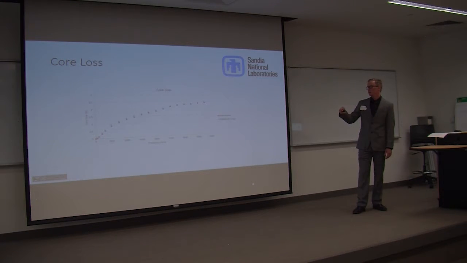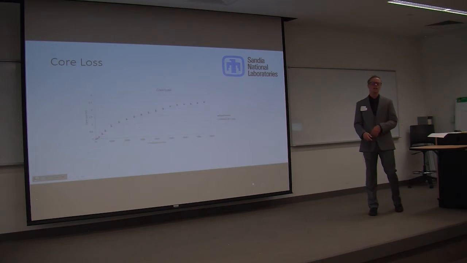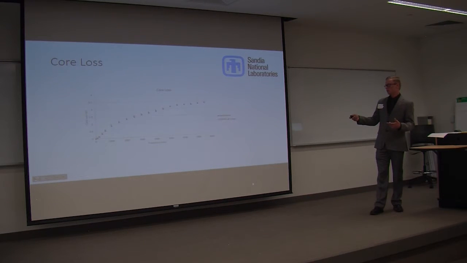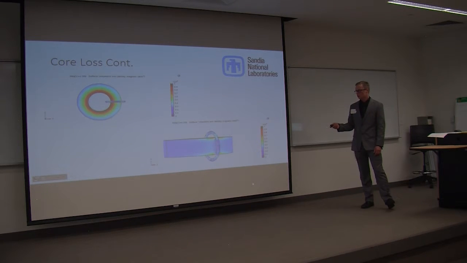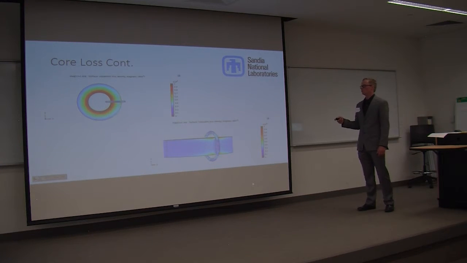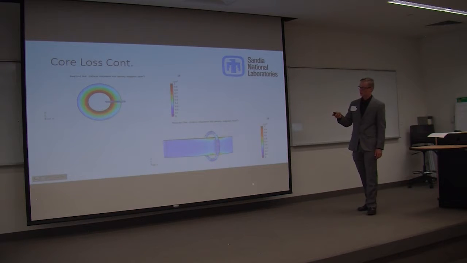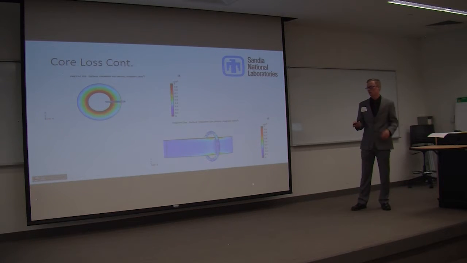And it makes sense that as we increase frequency, there's more oscillations happening, and we are getting a much higher core loss as we increase frequency. And the surface plots really help you see what's going on too. We still have a similar 1/r trend on this inductor, but it's a much more complicated calculation than just using Ampere's law.